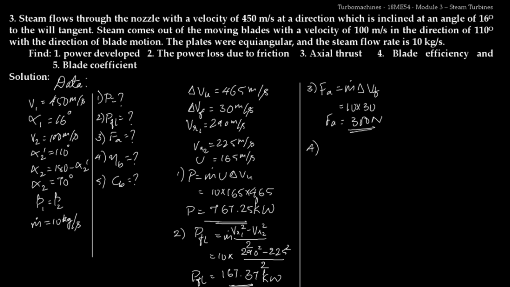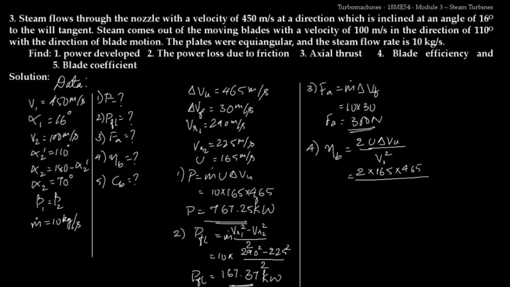Then we need to find out the blade efficiency, eta B. Eta B is given by 2 into U into delta Vu divided by V1 square. Here let us substitute the values, that is 2 into U is 165 multiplied by delta Vu is 465 divided by V1 square.